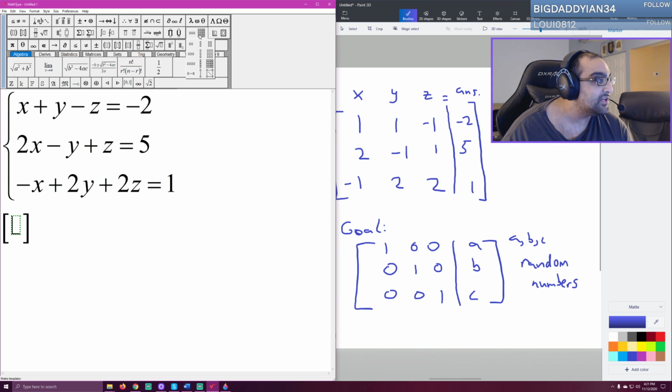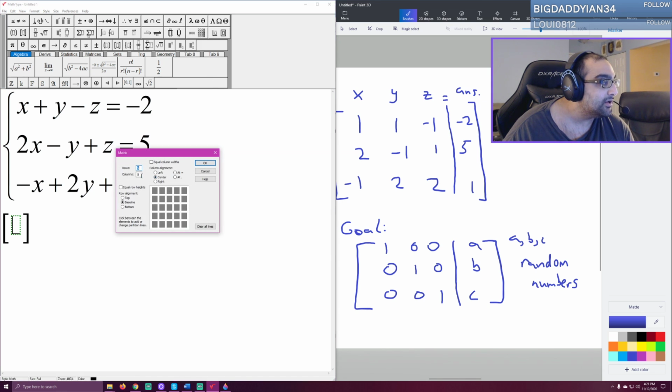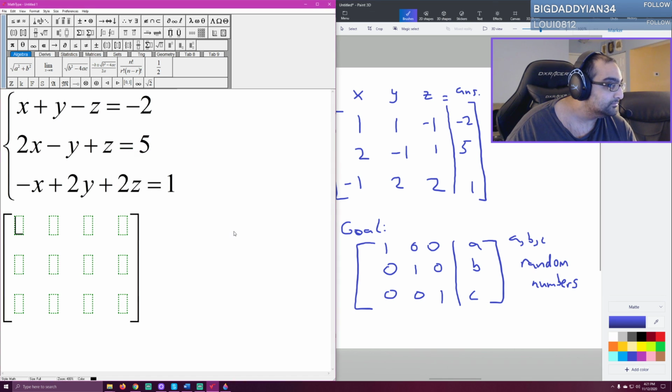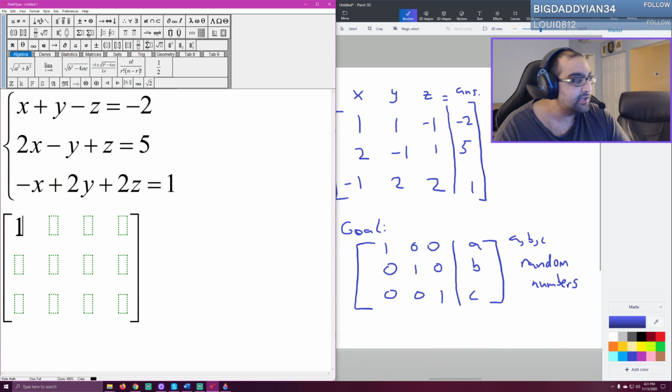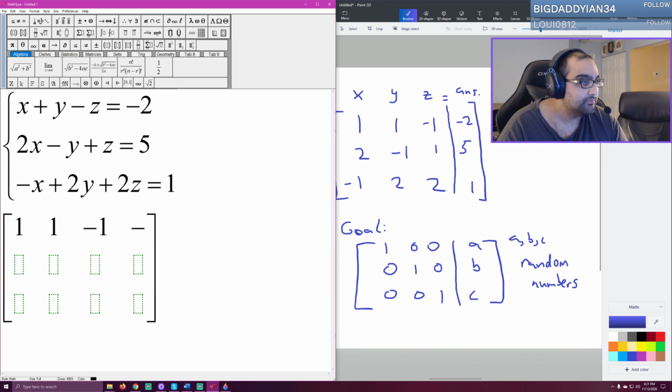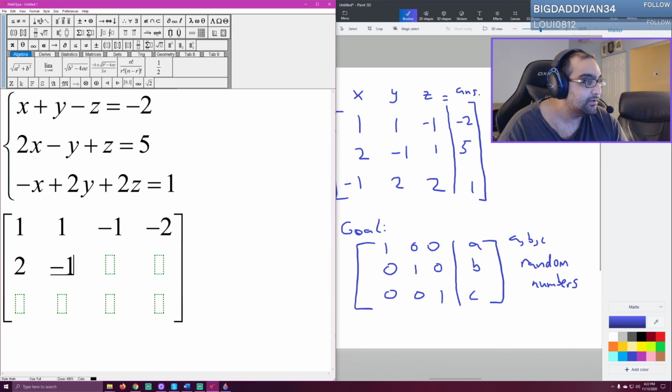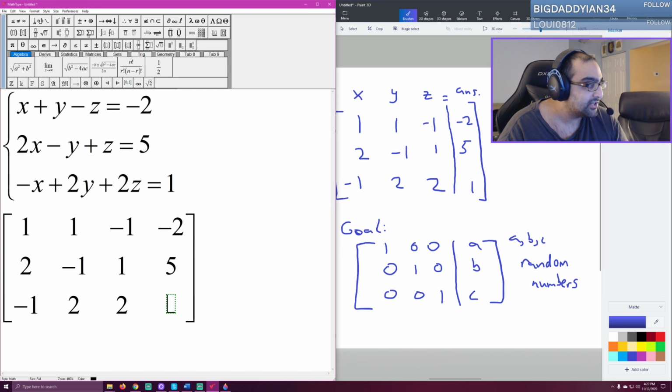So if I say, for example, I could make up a matrix here, 3 rows and 4 columns, and then I can enter in my numbers exactly as I see over there. This is just to showcase what that looks like with the full matrix put in.